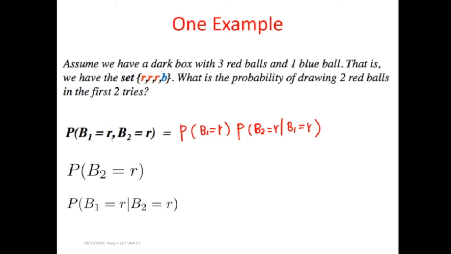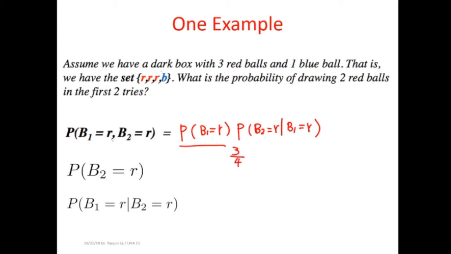So what is the probability that the first draw is a red ball? You should even learn this in high school, I think. What's the probability that the first try is a red ball out of the RRRB? Yes, this is 3/4.